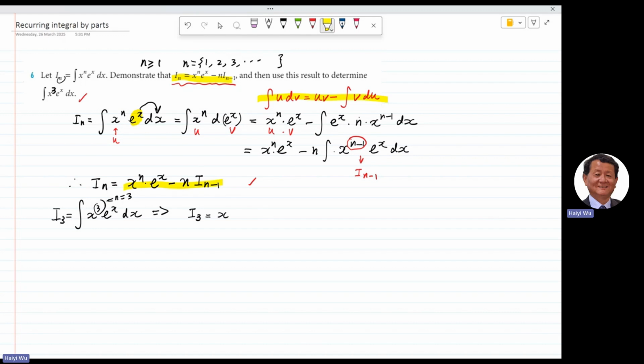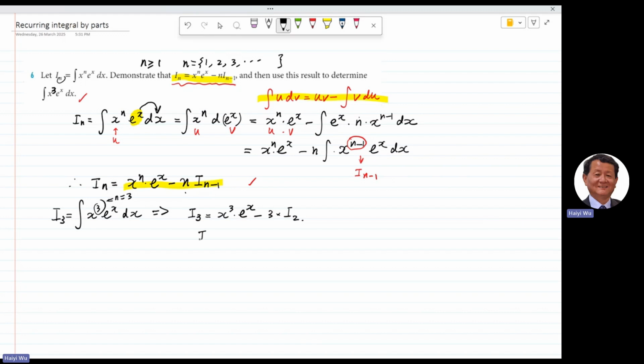This is the recurring integral. So it's x to the power of 3 times e to the power of x minus n, and n is 3, so times I2, because n minus 1 is 3 minus 1 is 2.